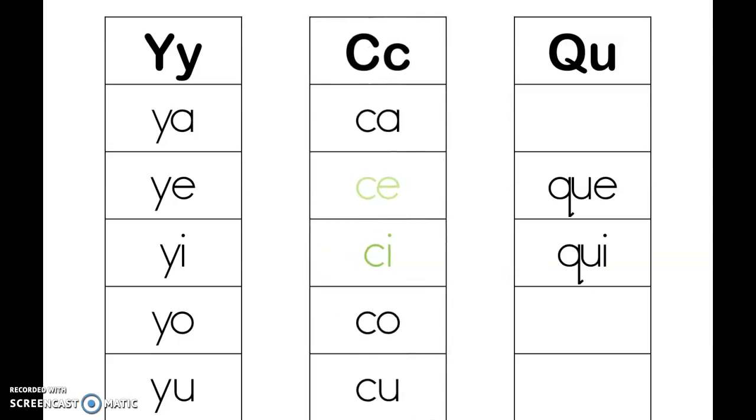Now, if you want to write ke or ki, you will have to use the letter Q or the letter K. And I'll just tell you now, we don't use the letter K. We use the letter Q. So, ke and ki, you will have to use the letter Q to write that sound. Okay, so it's ca, se, si, co, cu, and then ke and ki will belong to the letter Q.